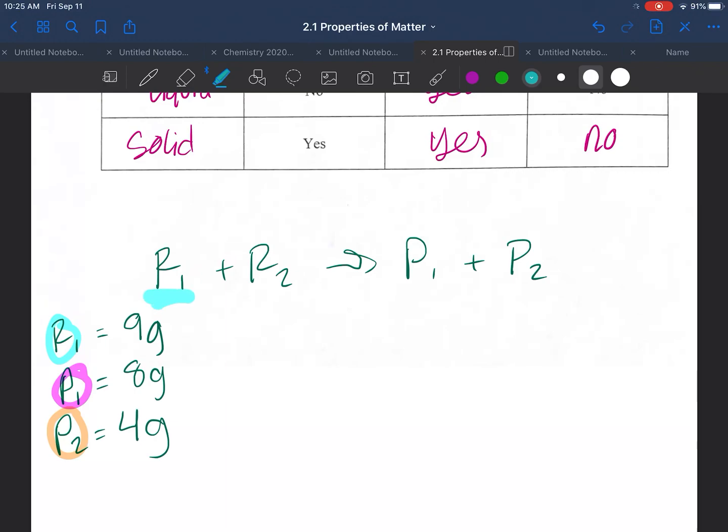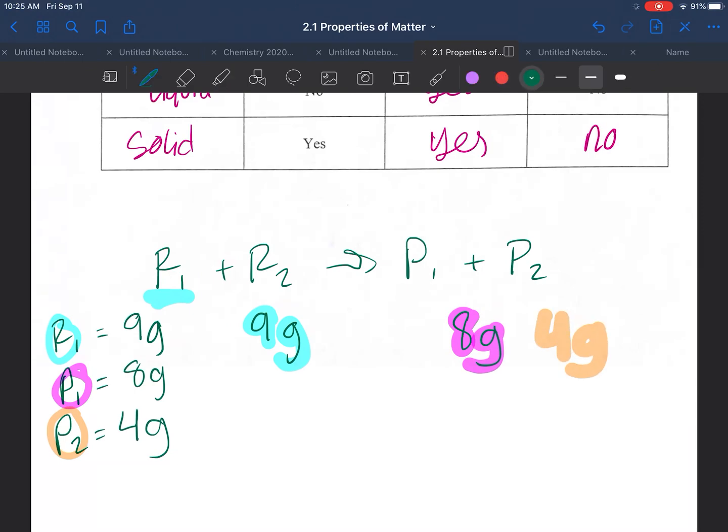So if I were to substitute these values in, R1 goes here, so I would have 9 grams. And then you will have P1, which is 8 grams. And then P2, which is 4 grams.